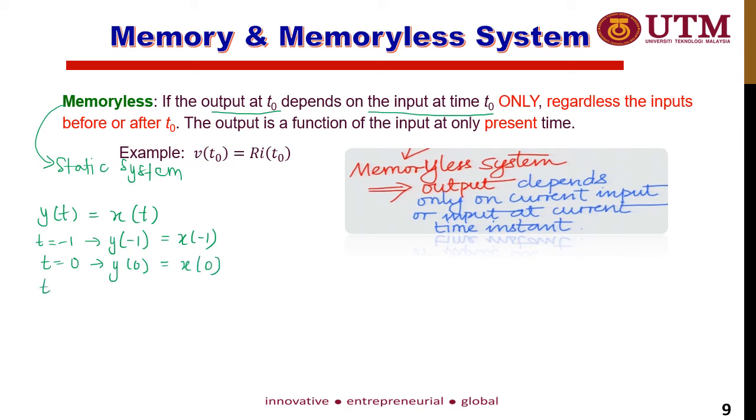And if we try a positive value, t equal to 1, y(1) equals x(1). So we can see that all output states only depend on the same t values. There are no future or past values, so this is a memoryless system. This is the first example. So let's look at the second example.